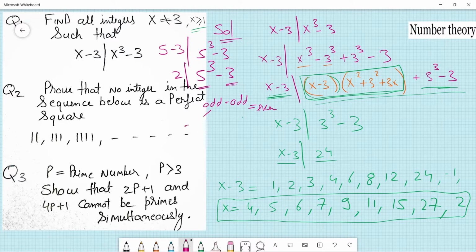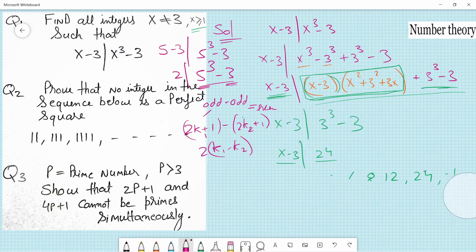Why? Because odd numbers are nothing but 2k plus 1. Take it 2k1 plus 1 and 2k2 plus 1. If you simplify this, you'll get 2 times k1 minus k2. So 2 will divide this. So we know that this is even, so 2 will divide this. So for x equals 5, we have verified. Similarly, we can verify for any of these integers, all will satisfy it.